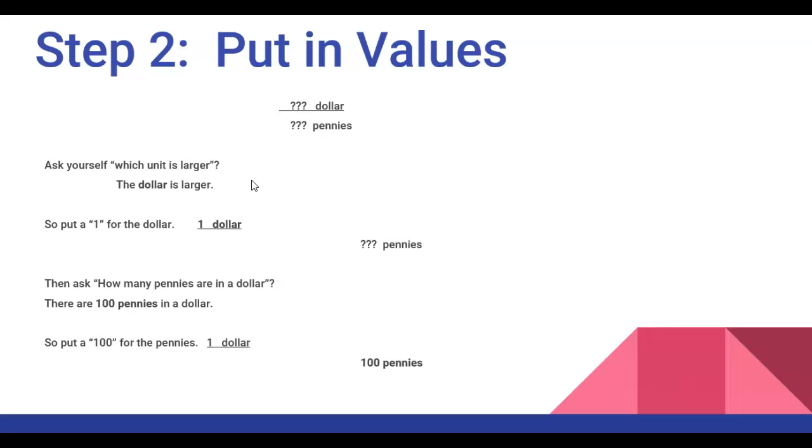A minute is bigger than a second. Meters and centimeters. 1 meter is 100 centimeters. Meters are bigger than centimeters. 1 kilometer is 1,000 meters. 1 kilometer is bigger than a meter. Okay, so that what is bigger question is going to be essential as you set these things up.